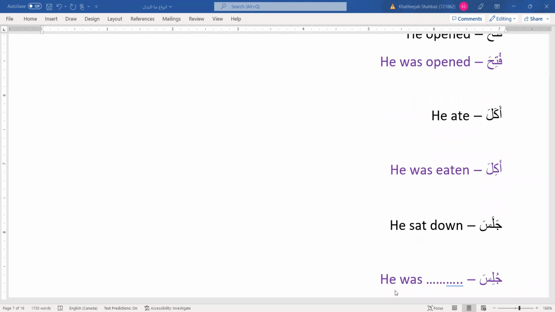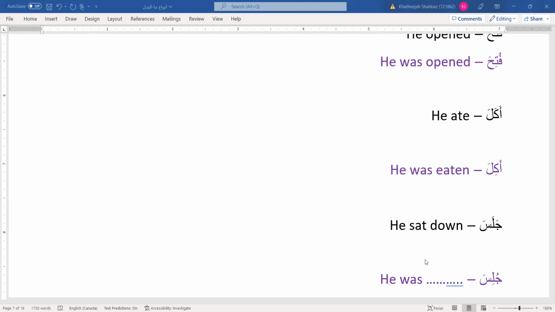He was sat? This is not even a word. So the word julisa does not exist. I can write it down, but it doesn't mean anything, because jalasa is an al-fi'lul lazim, and we know al-fi'lul lazim does not take a maf'ul bihi and cannot be changed to passive.